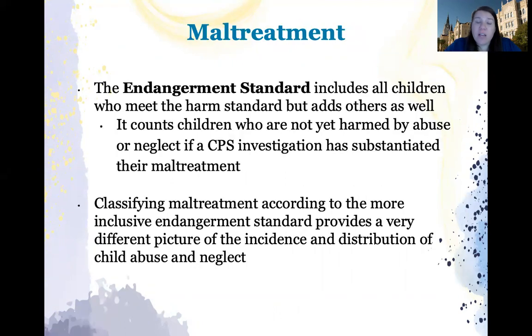So if we think about child maltreatment, there is an endangerment standard as well that includes children who meet the harm standard, but adds others as well. So this counts children who are not yet harmed by abuse or neglect if a CPS investigation has substantiated their maltreatment.